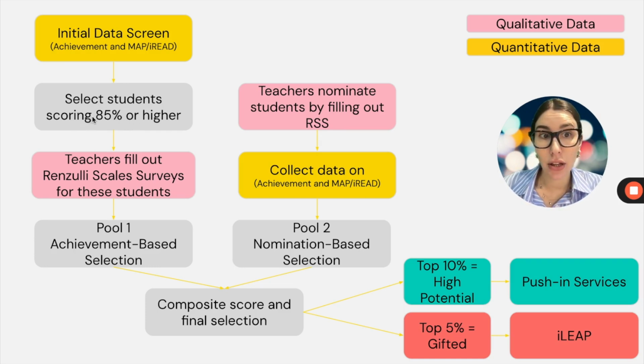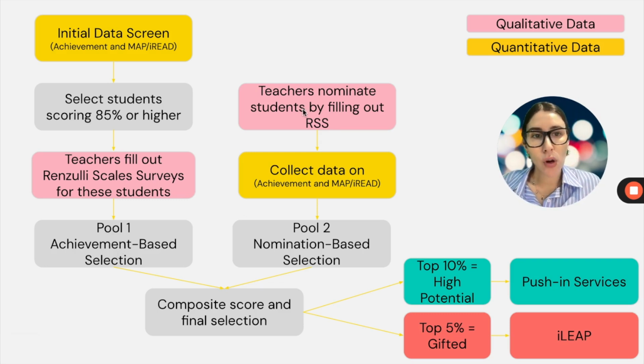We're going to send that initial group of students' teachers Renzulli scale surveys to fill out. This will form our pool one, our first pool of students, who were selected based on achievement, so based on academic and cognitive giftedness. That was the main selection criteria for that pool.